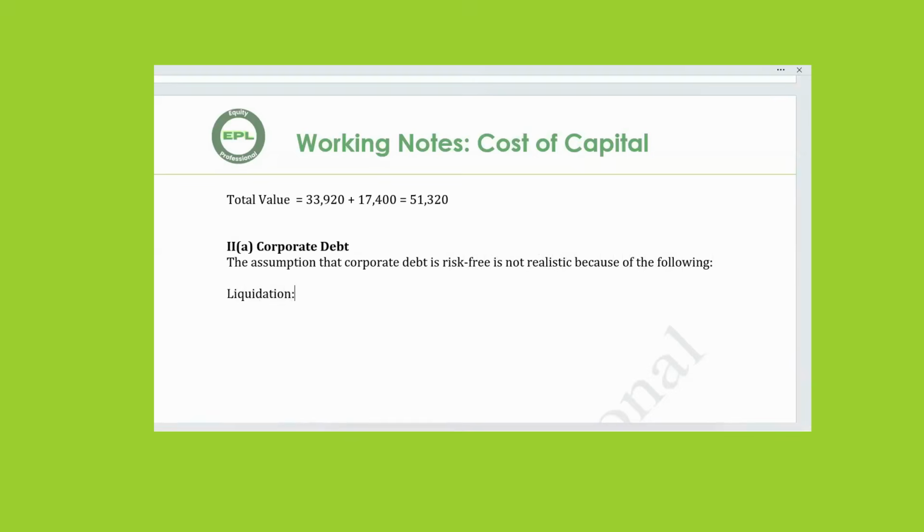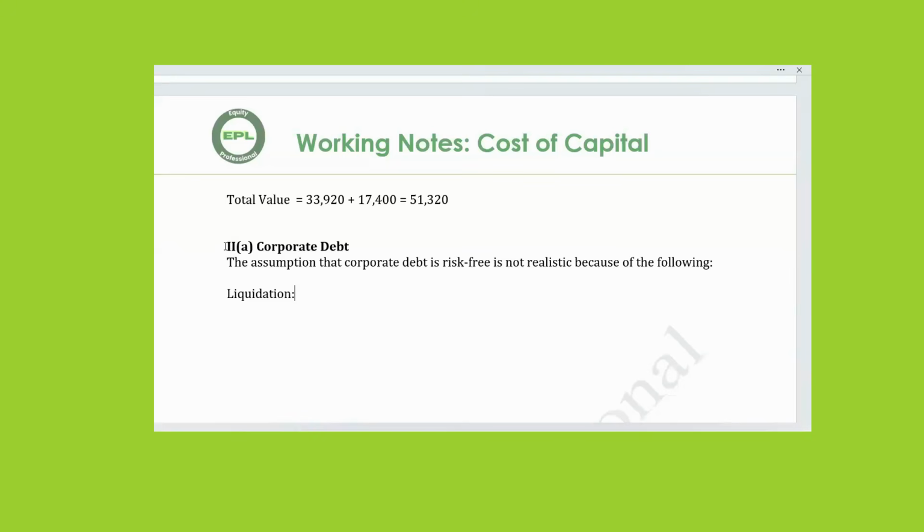Now, when a company liquidates, the assets of the business will be disposed of, and the proceeds therefrom will be used to settle the liabilities. If at the end of the day, the amounts realized from the disposal of the assets cannot cover the liabilities, what will happen to the balance of the debt? It has to be forfeited.